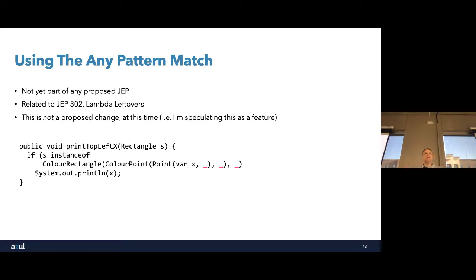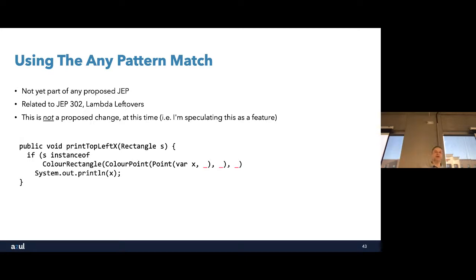So we can apply that to our pattern matching and use multiple ones together. And we can say if s instance of color rectangle, color point, point, var x, because that's the only one we're actually interested in, and then everything else we simply mark as an underscore. So the compiler knows that there is a variable in there, and it will match against it to make sure that everything is right in terms of the structure, but we don't want to be able to reference it or use it.